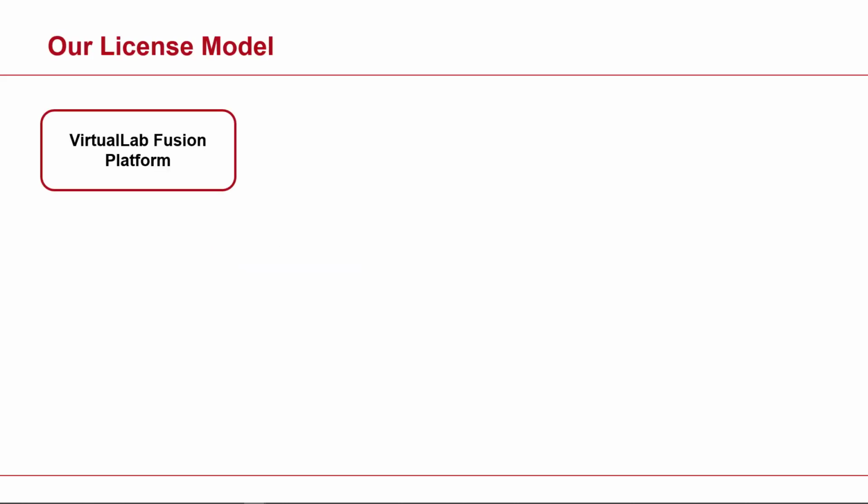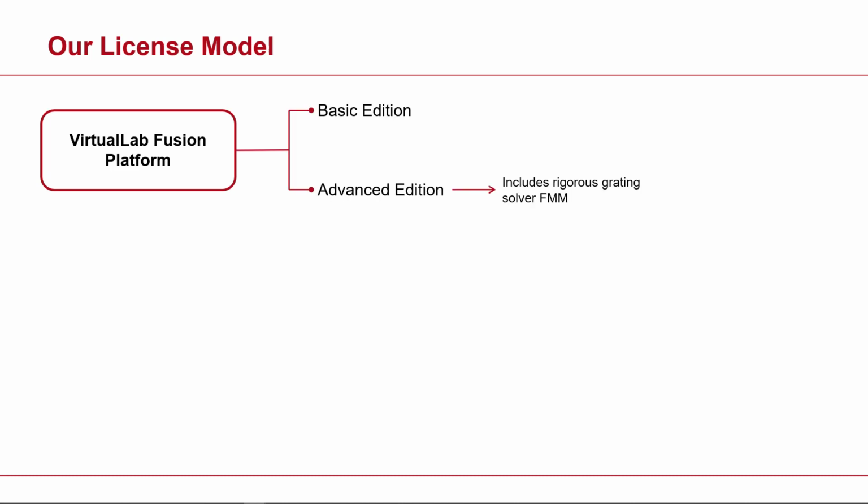In general, our license model always starts with a VirtualLab Fusion platform. It comes in two editions, basic and advanced, and the only difference between them is that the advanced edition provides tools for the rigorous analysis of gratings, in particular the Fourier modal method, FMM, also known as rigorous coupled wave analysis, RCWA.